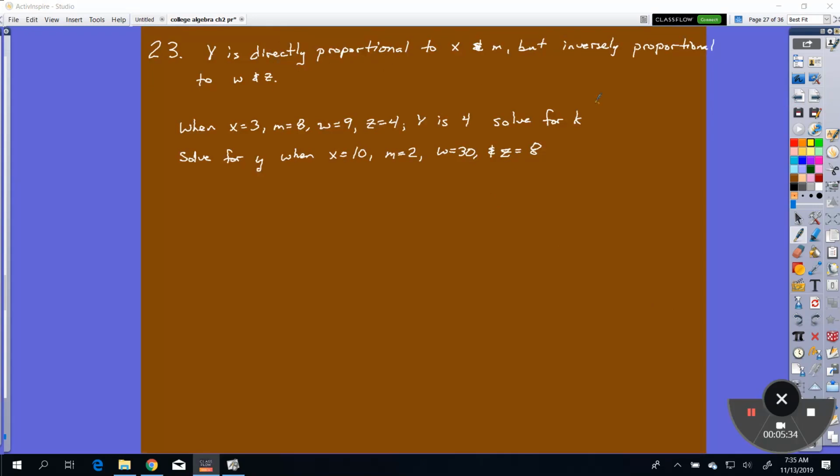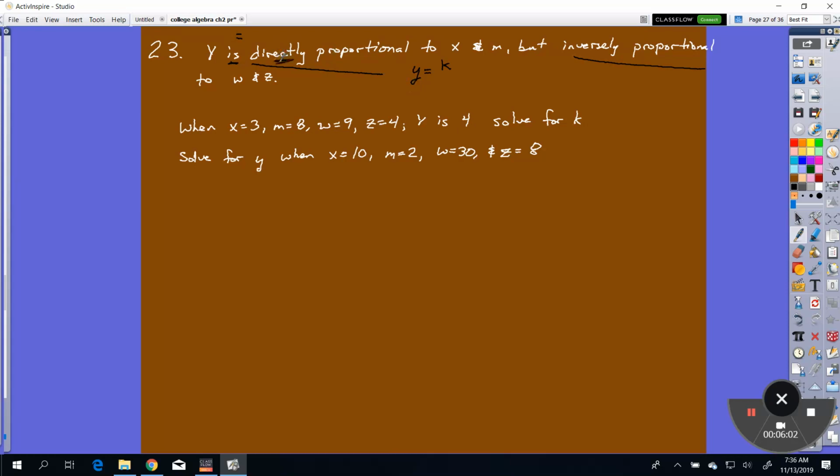Number 23, I have not taught you how to do, so you have to pay attention to this carefully. It says directly proportional and inversely proportional. Anytime we're talking about problems of proportionality, there's always some constant in there. And as soon as we see an is, it means equals. So we have y equals some constant of proportionality.